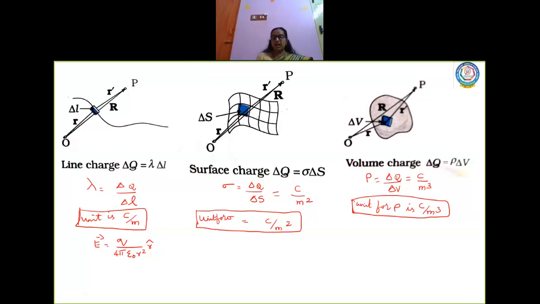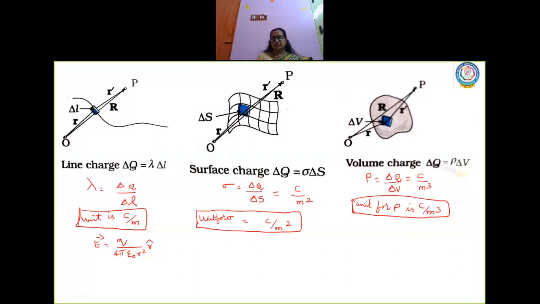The charge density in this particular volume will keep changing. It is not the same. It will vary according to the element you choose, so the position vector also will be changing. So it is a function of R, right?